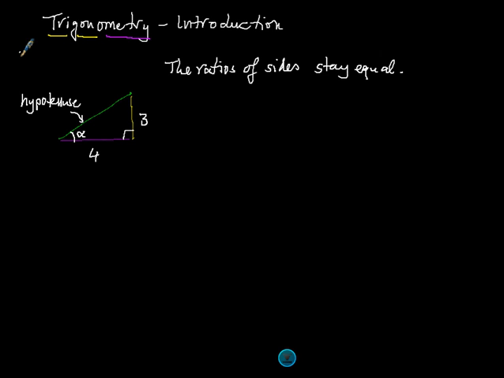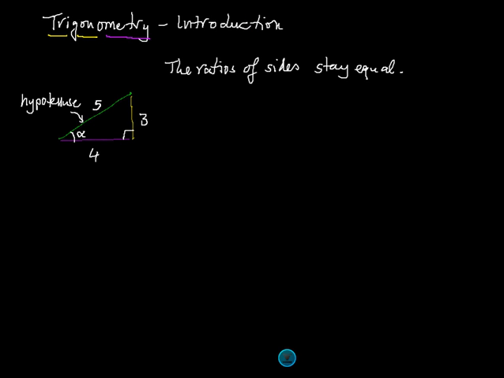And we can calculate the hypotenuse using Pythagoras' theorem, which says that the square of the longest side is equal to the sum of the squares of the 2 shorter sides. So c squared is 9 plus 16, 25, and therefore c equals 5. And so we've just calculated that this is 5 long. Now I can erase this bit here because I won't need it anymore.